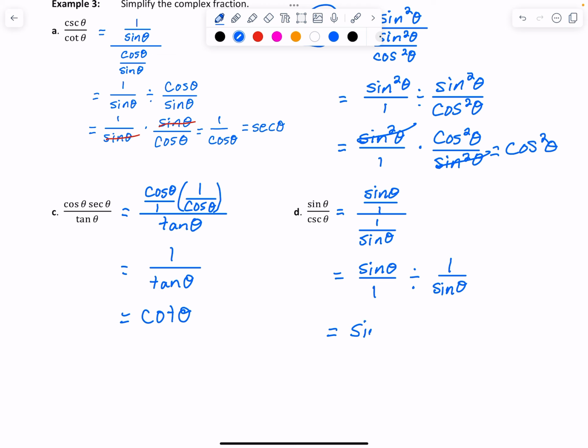Okay, well I'm going to leave that as sine theta because you're going to see what's going to happen. I'm going to flip the second fraction, and I get sine theta, which is just going to leave me with sine squared theta.